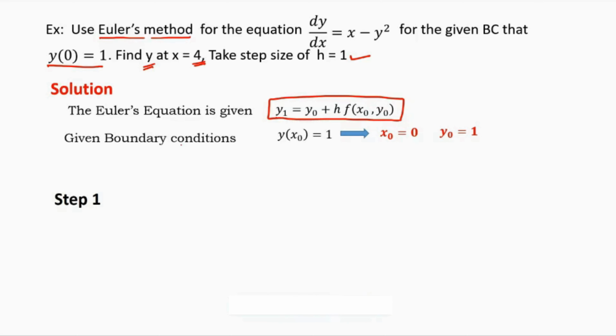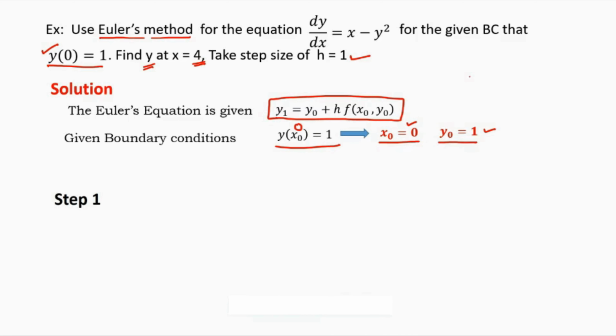Now, given the boundary condition, we have to interpret or elaborate this. On elaboration, y of x naught is equal to 1, so x naught is equal to 0 and y naught is equal to 1, because here it is represented as y of 0 is equal to 1. It means that the x naught value is 0 and the y naught value is equal to 1.